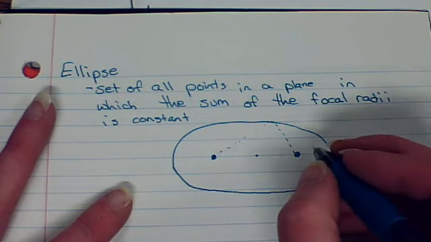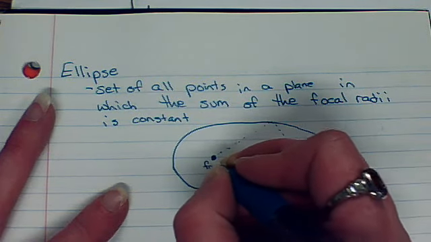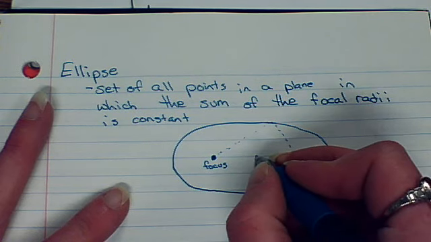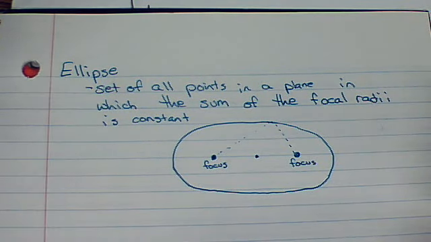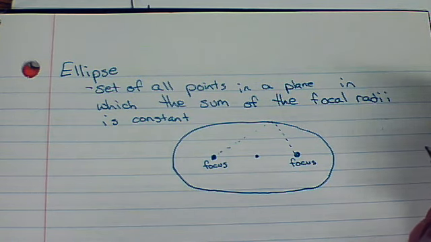Now these are the foci, or focus, singular focus and a focus, together foci. We have the center. And we have what is called the major and the minor axis.